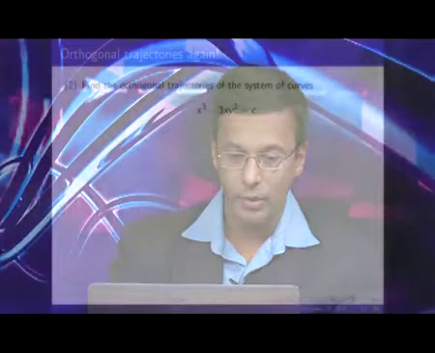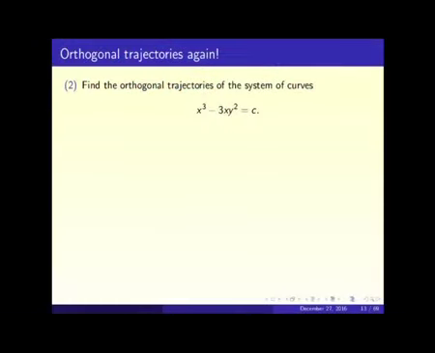So we have done the problem completely now. Let's move on to the next example, orthogonal trajectories again. So find the orthogonal trajectories of the system of curves x cubed minus 3xy squared equal to c. So how do you do that?